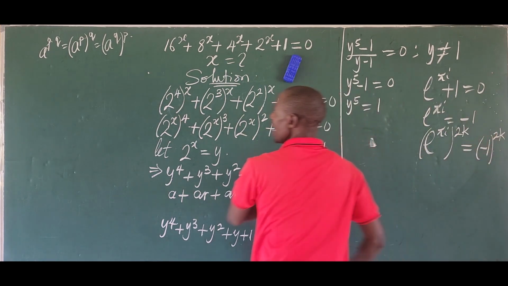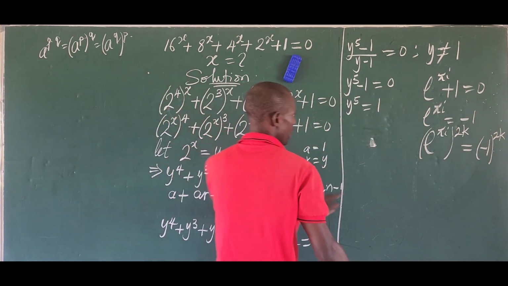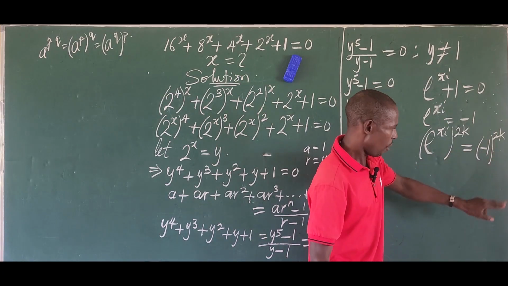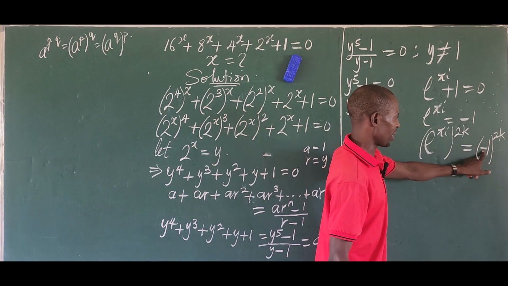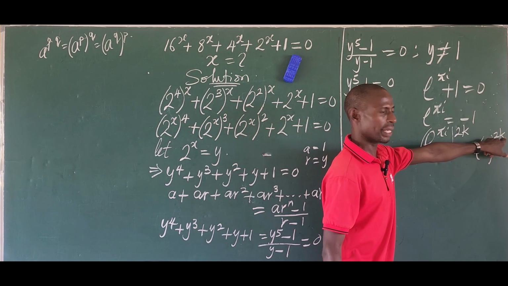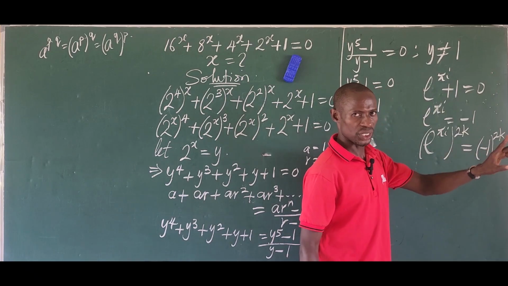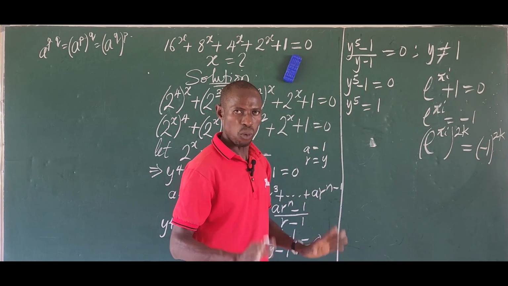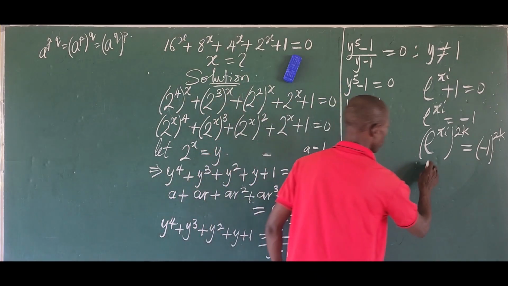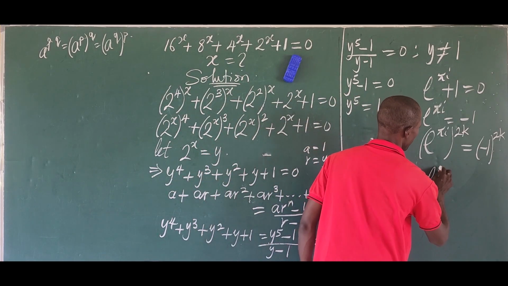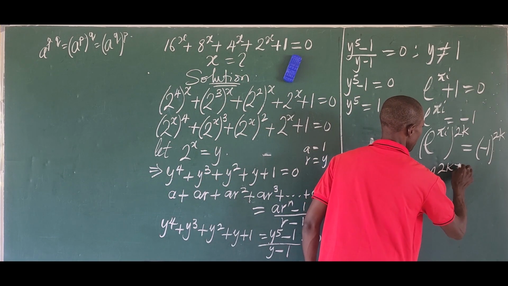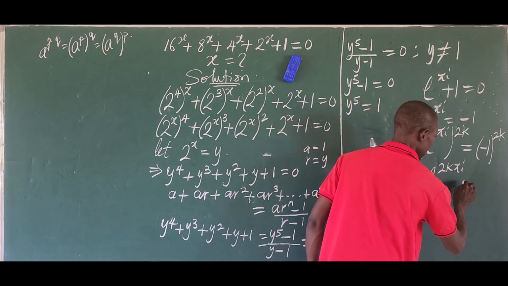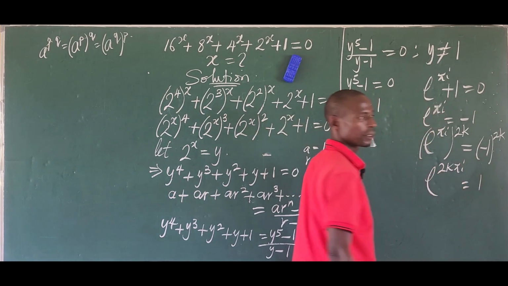Now, if we apply this rule here, we can raise minus 1 to the power of 2, all raised to k, and that gives us positive 1. And 1 to the power of k gives us 1, which is positive 1. So in other words, we have e to the power of 2k pi i equal to 1.